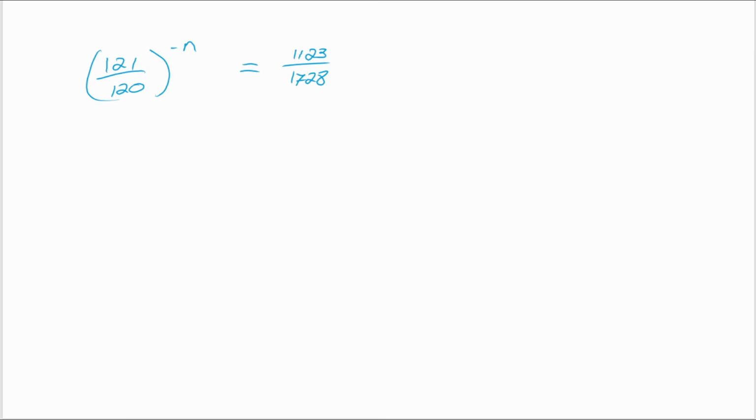So I get that negative n is equal to log base 121 over 120, because this is my base to the power of negative n. So I have to do log of this base, 1123 over 1728.